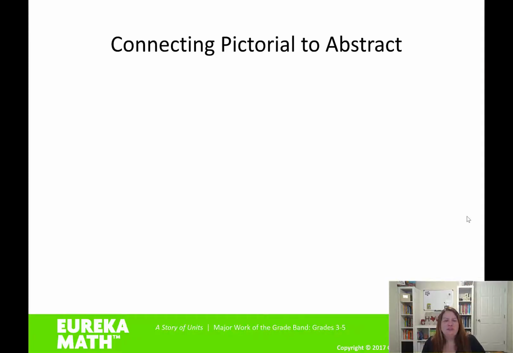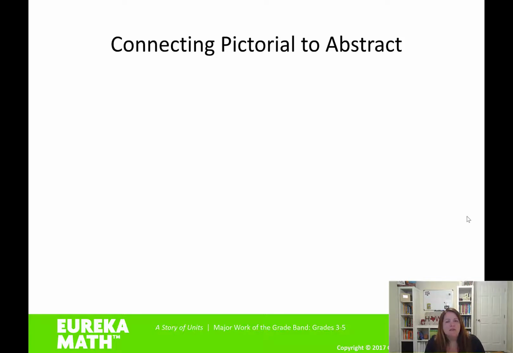So now that you've seen the concrete and the pictorial representation of this multiplication strategy, what connection are you seeing between those two representations? Now I want you to think about how this progression is really going to help students understand the abstract representation.